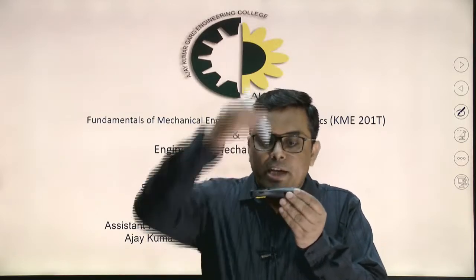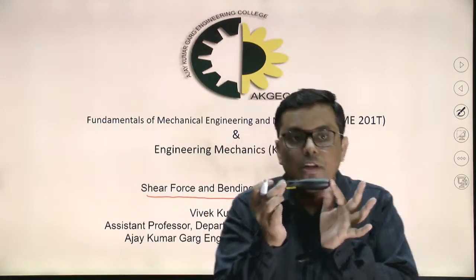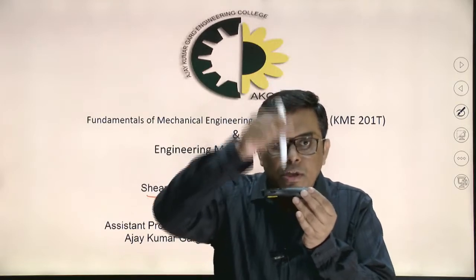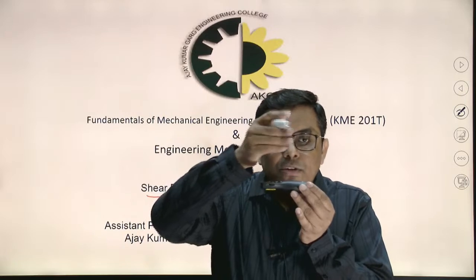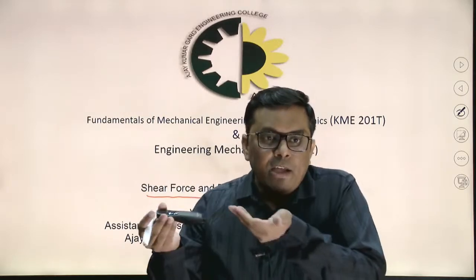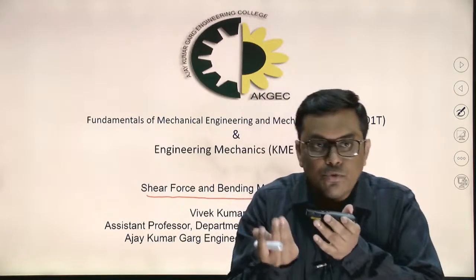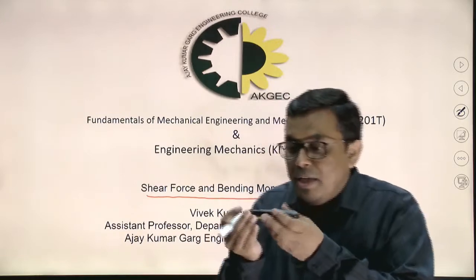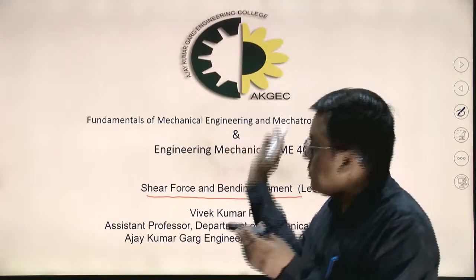Because what will the load do? A beam is defined as a horizontal structural member which supports transverse load. So this transverse load will try to shear the beam, or it will try to bend the beam like this if a moment is there. These are the two effects a beam can receive from external loads or support reactions, which we already discussed in lecture 1.